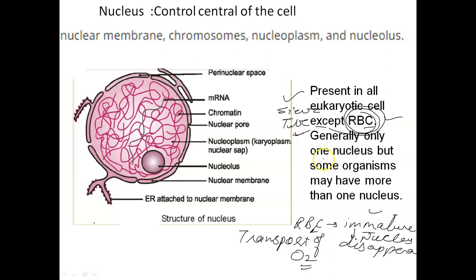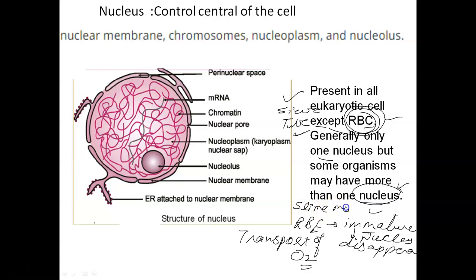Now, generally one nucleus is there in the cells, but some organisms have more than one nucleus, yes. It may be dikaryotic, two nuclei. It may have more than two nuclei. In general, naturally, in slime molds, see slime molds, more than one nucleus is present.